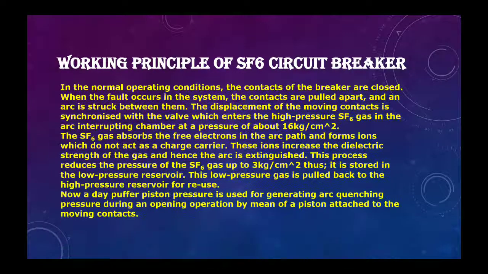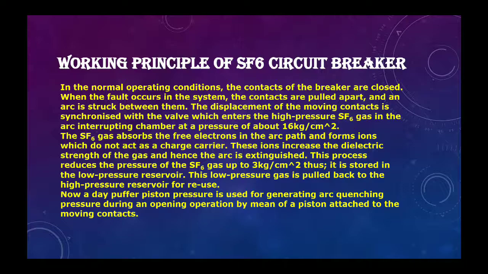Now the working principle of the SF6 circuit breaker. In normal operating conditions, the contacts of the breaker are closed. When a fault occurs in the system, the contacts are pulled apart and an arc is struck between them.